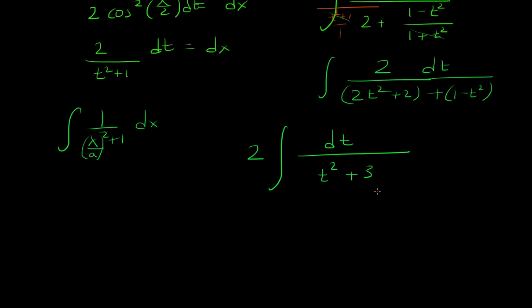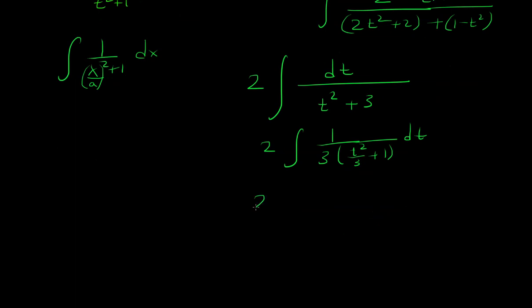That's the goal here. So we'll factor out a 3 from the denominator. Then we have t squared over 3 plus 1 dt. And the 3 will come out as 2/3 integral. And then I'm going to rewrite t squared over 3 as t over root 3 quantity squared plus 1.